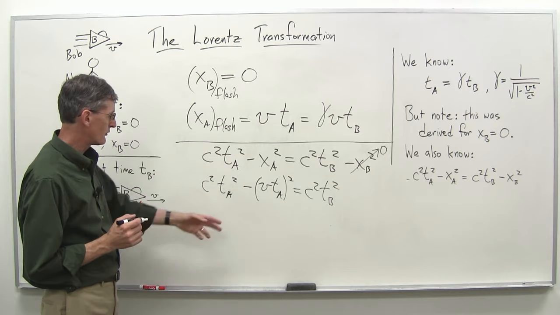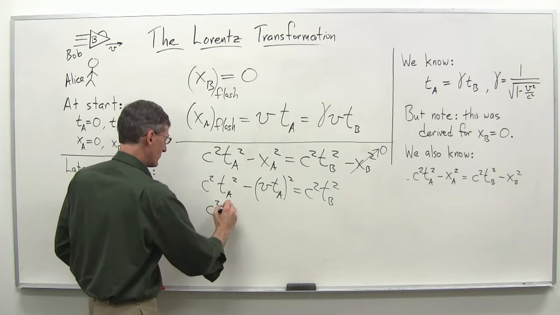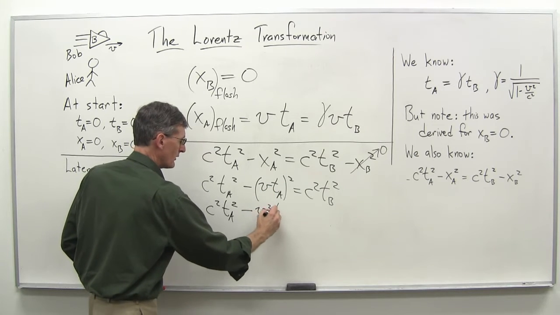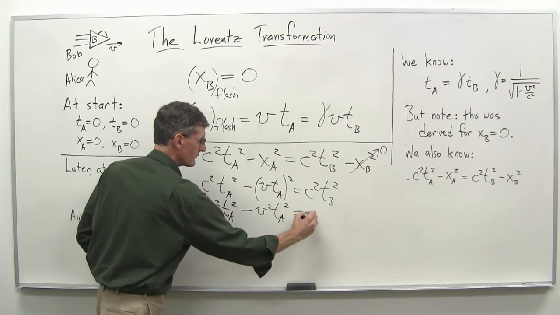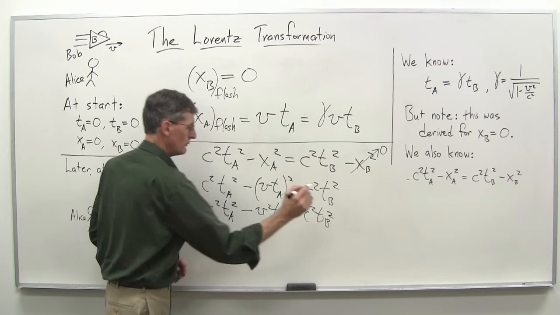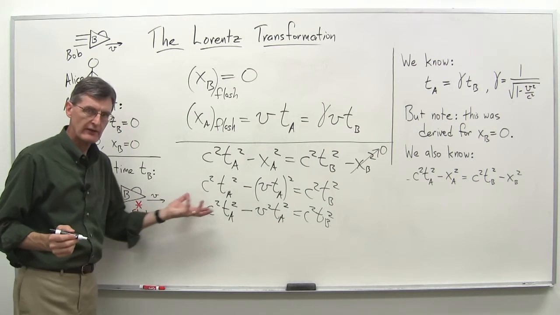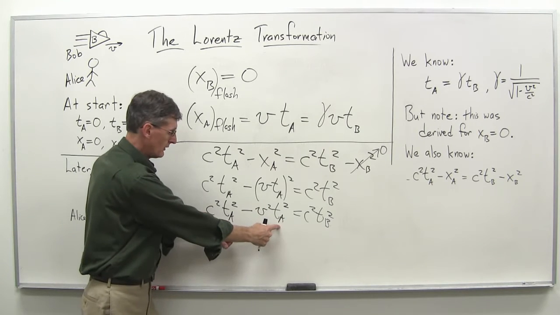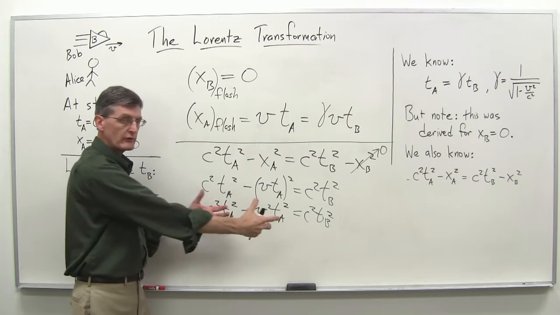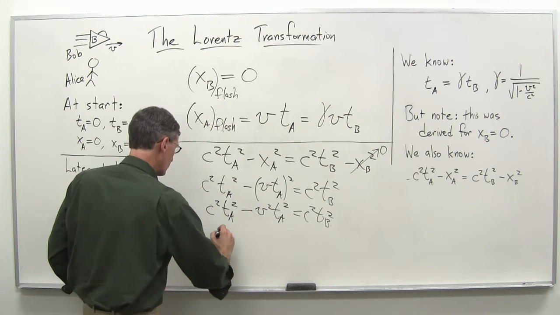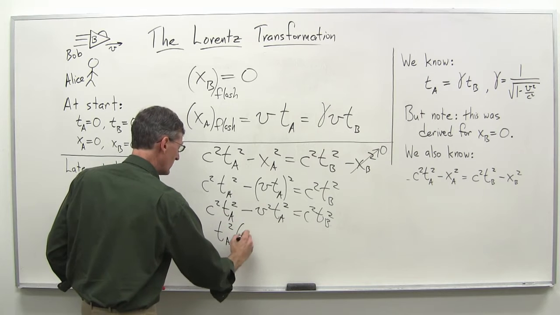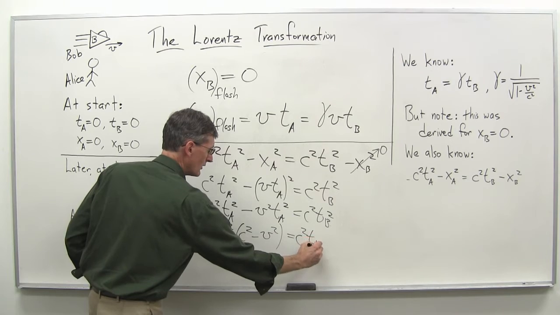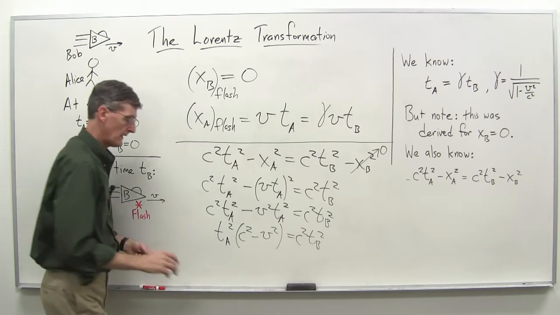Let's do every step here: c squared t_a squared minus v squared t_a squared equals c squared t_b squared. Now I just have the times in there, just t_a and t_b. I've got a t_a squared in both of these terms, so let's factor that out. That gives me t_a squared times (c squared minus v squared) equals c squared t_b squared.